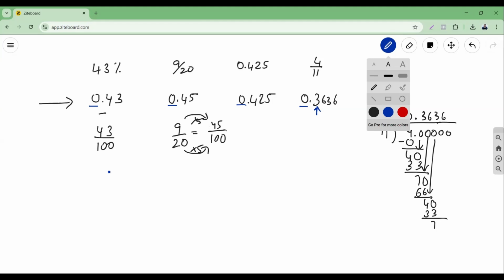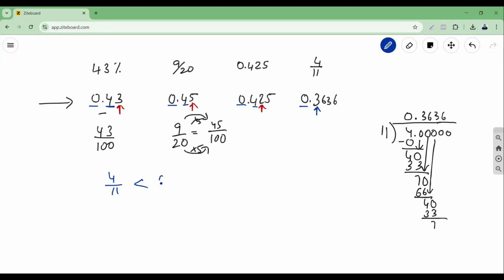So I know 4 over 11 is the least. Next, everything has a 4 in the tenths place. So I'll have to go forward and compare. I go to the next place. It is a 3 here, a 5 here, and a 2 here. With this, I can say that the 2 will be less.